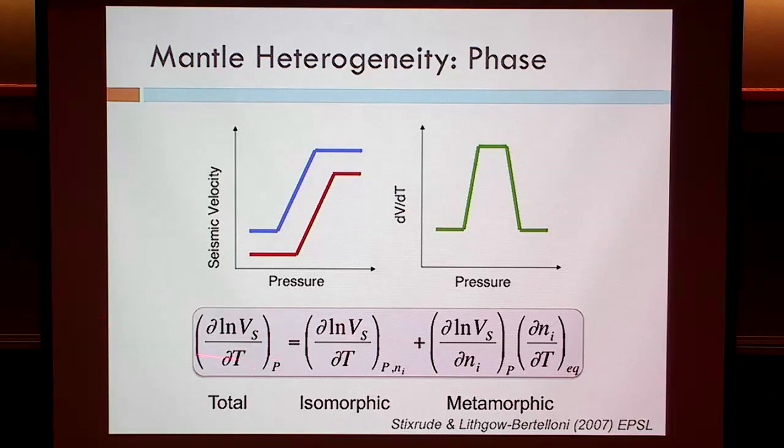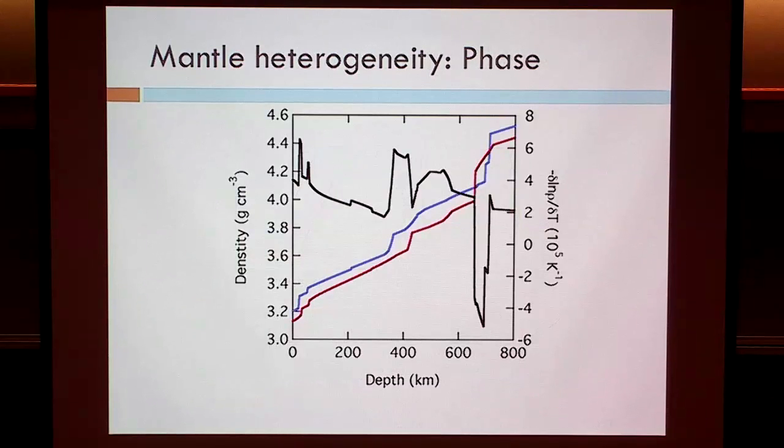So you can think of two contributions to the temperature derivatives of these quantities, an isomorphic part that doesn't allow for phase transitions or changes in the amounts of any of the species, and a metamorphic part that ends up looking like that. And so if you look at the thermal expansivity, this is what the thermal expansivity of the mantle looks like of a multi-phase assemblage, a rock, pyrolite, say, density versus depth along two different isotherms, a colder in blue and a hotter in red, and you can calculate the thermal expansivity of this thing.